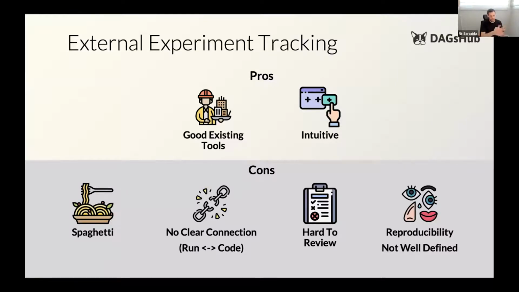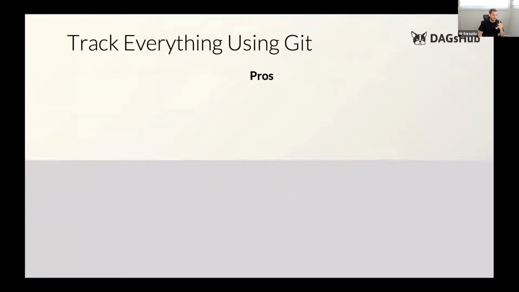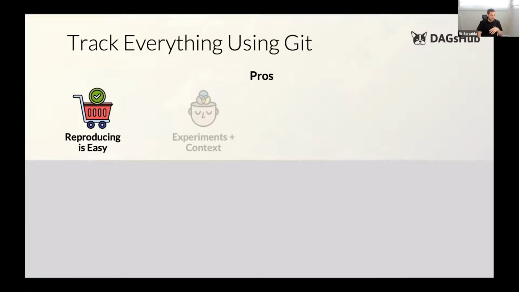Taking those considerations into account, let's talk about the Git tracking approach. When we track our experiments with Git, we have a single source of truth. We can easily know what code, data, and model produced those results. Not just that, we can easily reproduce the result by simply using the git checkout command, which provides the experiments with their context.